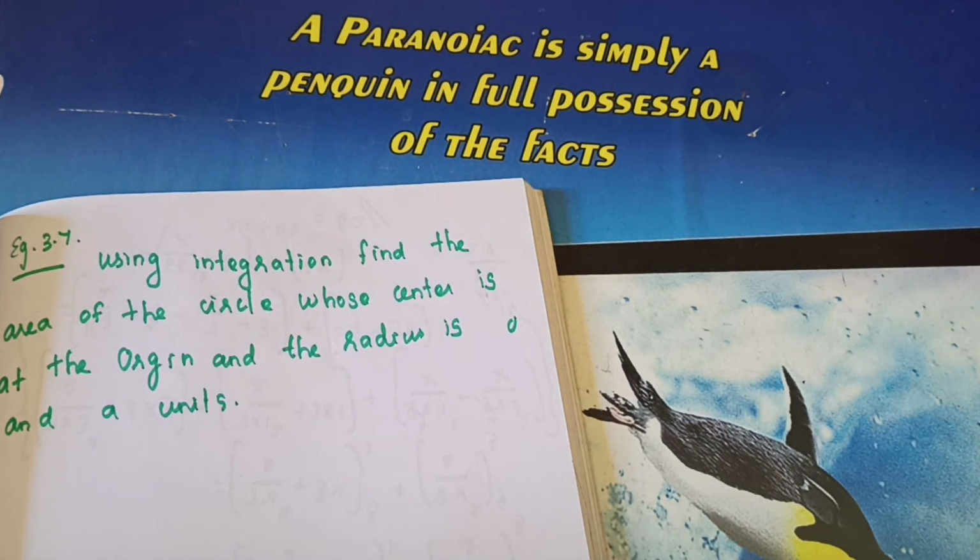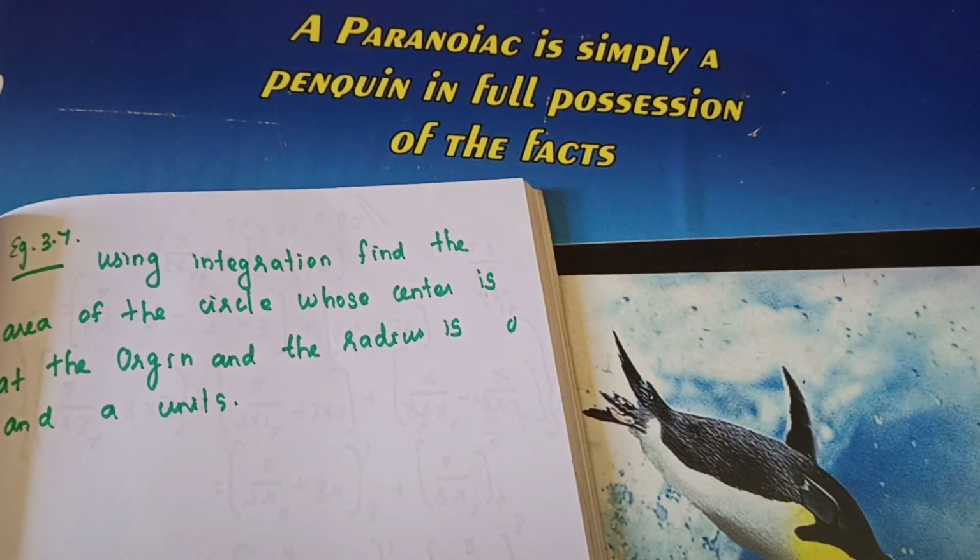Okay. So first you need to do is, what is the equation of a circle? What's the equation of a circle? x square plus y square is equal to r square. Have you learned? So the radius is a, is it right?